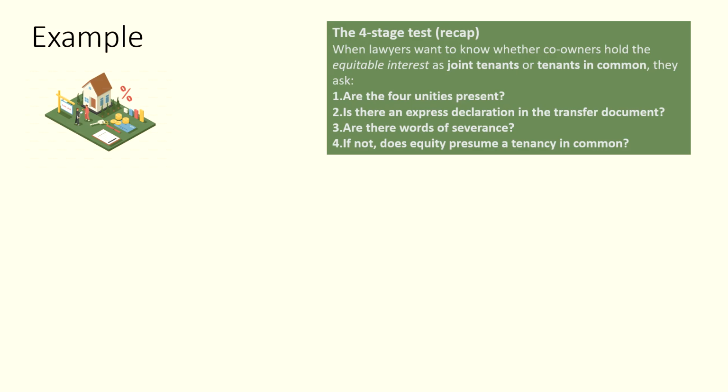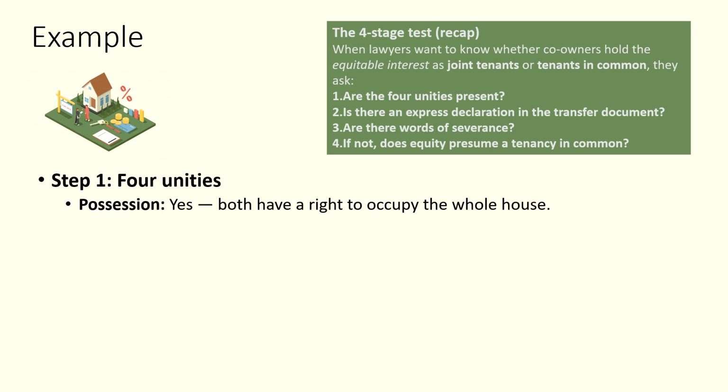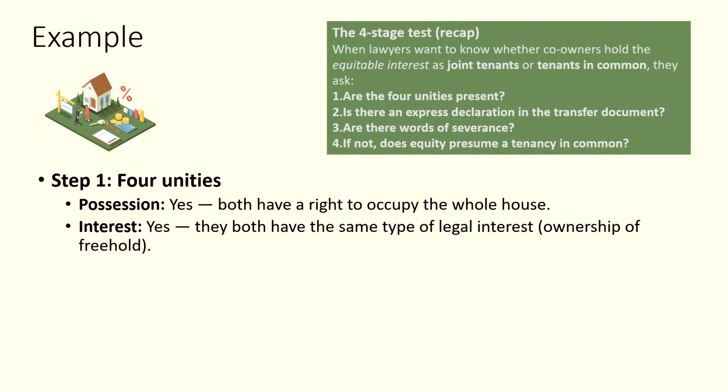Now, let's have a look at the first step in this four-stage test, which is to look at those four unities. For possession, we already know that both of them have a right to occupy the whole house. They live in that as their family house, and they can both use the whole property, all the rooms, the garden, everything.